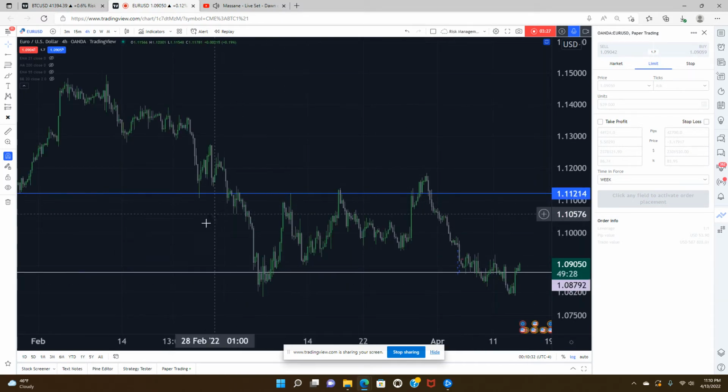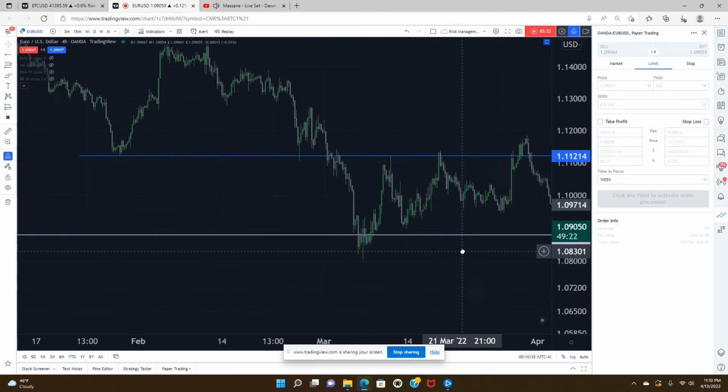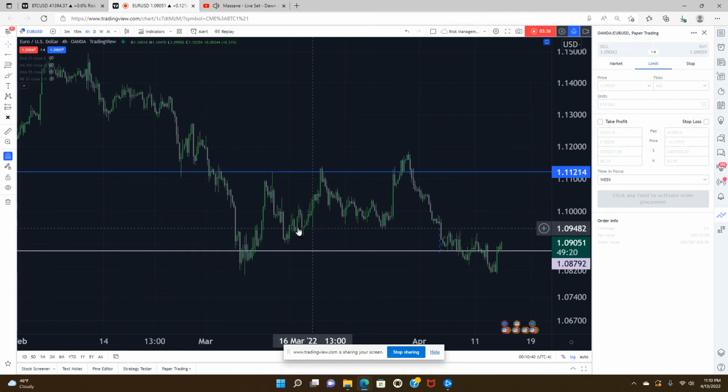You make a high, a higher high, another higher high, and then you get this run down below this level. And this is the real area where I would pay attention, because as volatility expands, things can get a little erratic on the lower time frames.